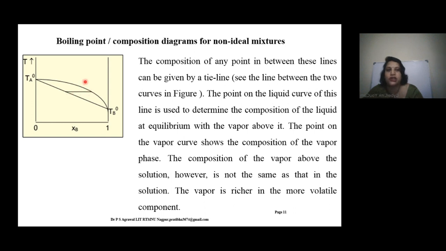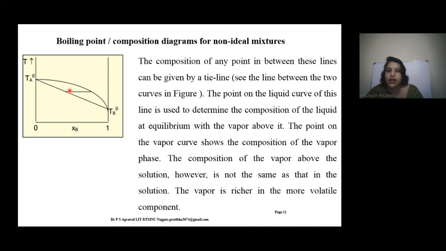The vapor is always richer in the more volatile component. This intersects the upper curve, the vapor curve, and this intersects the lower curve, that is the liquid curve. So the region between these two curves is a two-phase region. This is one phase, this is one phase, but the region between these two curves is a two-phase region.